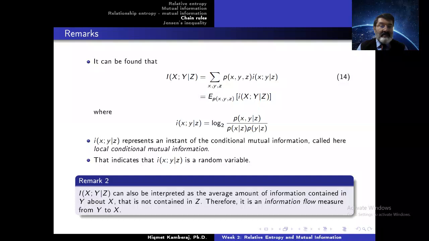And a few lectures later, we'll describe a measure of the information flow called transfer entropy between processes, which describes discrete random processes, for example time series.